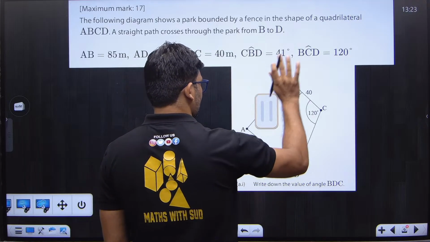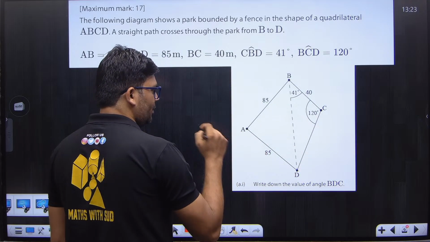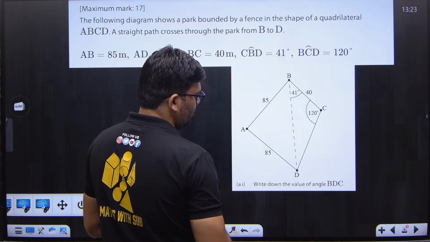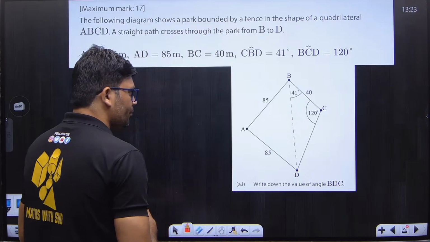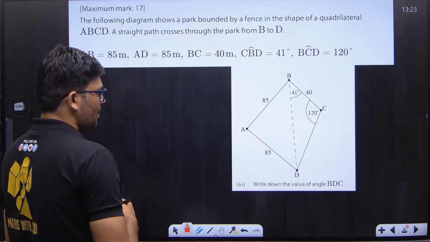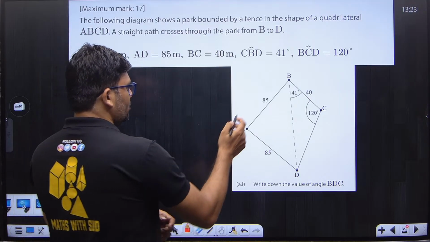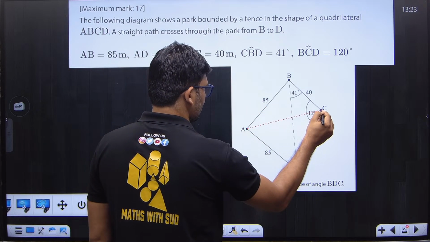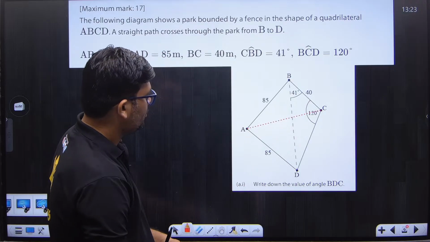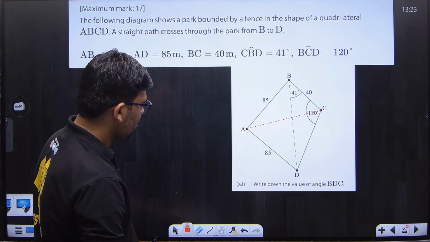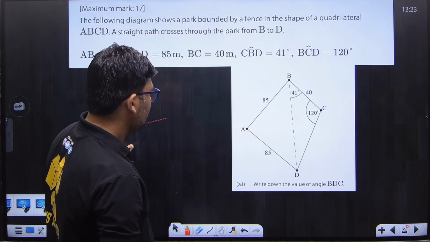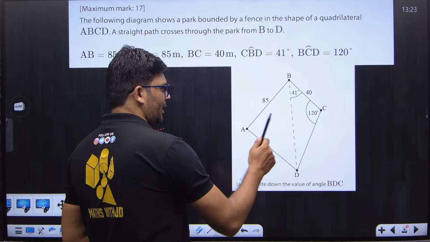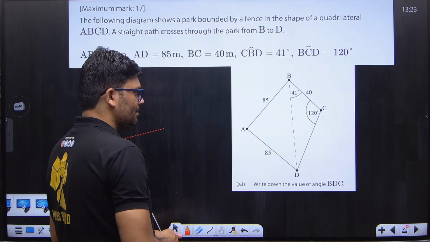Now tell me, if two of the angles are given to us, we need to find this angle. So this is a very beautiful question framed for us. We have these two sides. So if I join these two as well, do we have any information? No. If these two sides are given and we have been asked to find this side, can we find it?